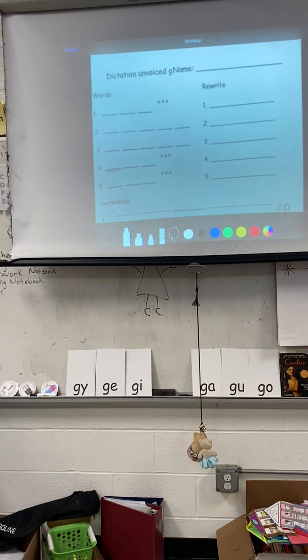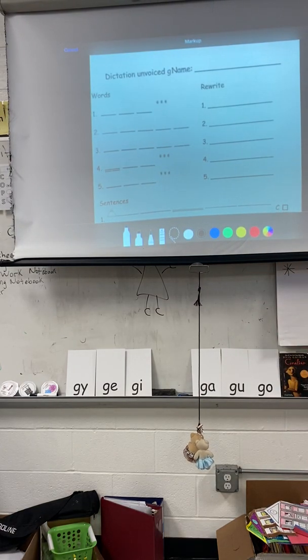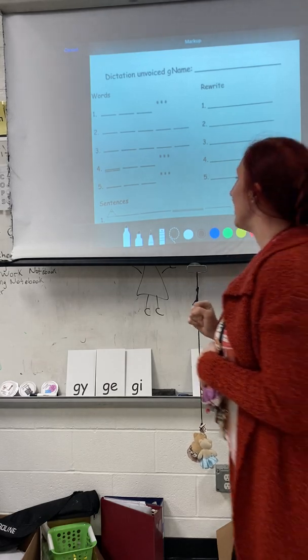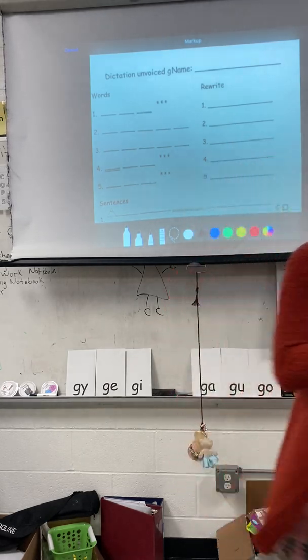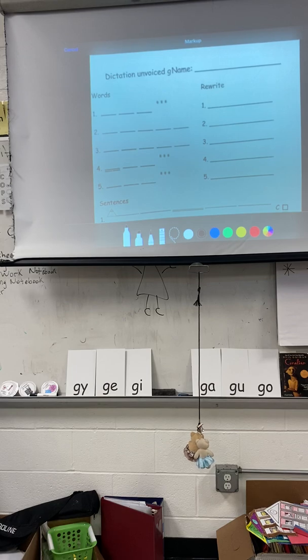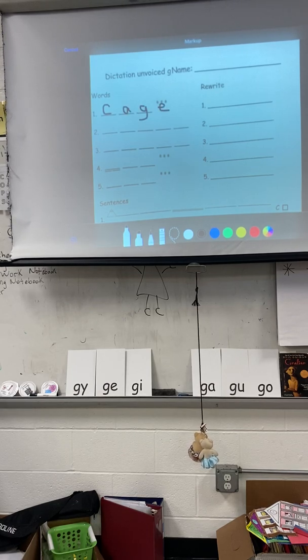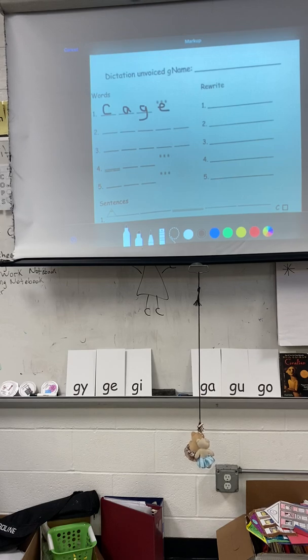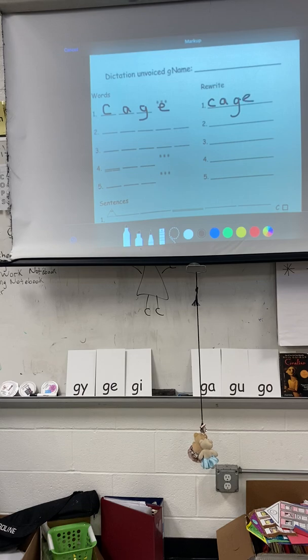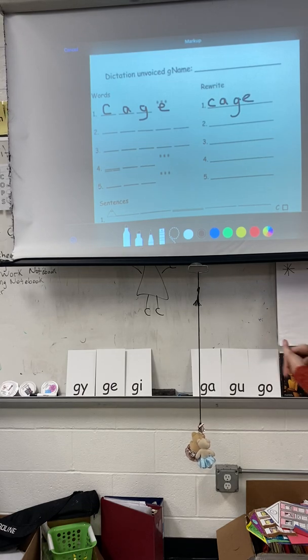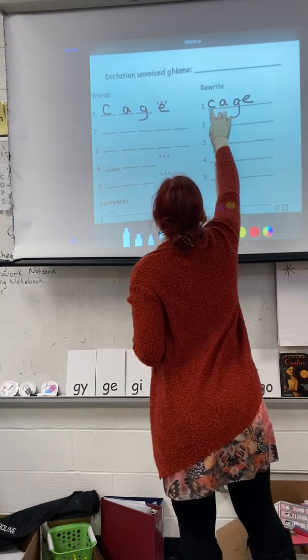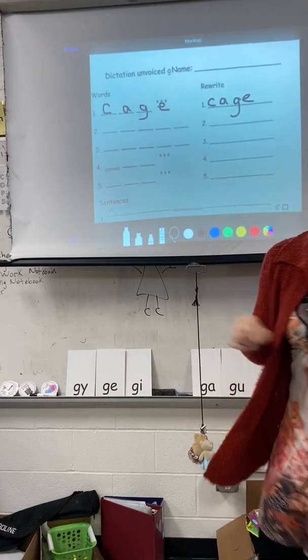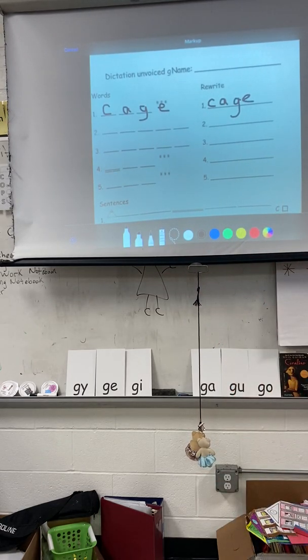Our first word is cage. Cage. Checking with me: C-A-G-E. That's cage. Notice the stars on top and there's no sound line because that is a silent E, a magic E. Then you need to rewrite over here, checking for your best printing.